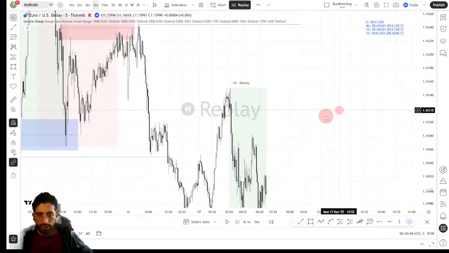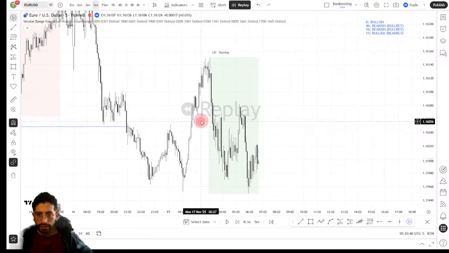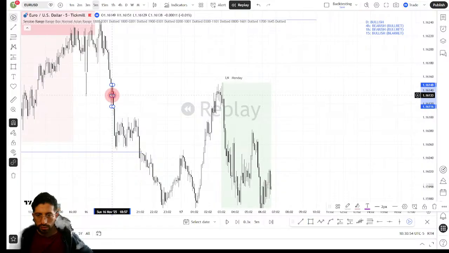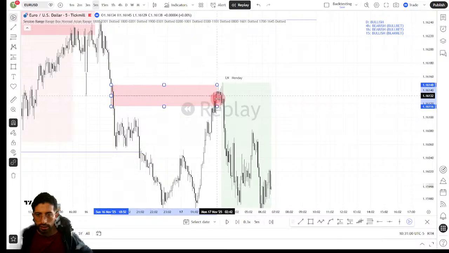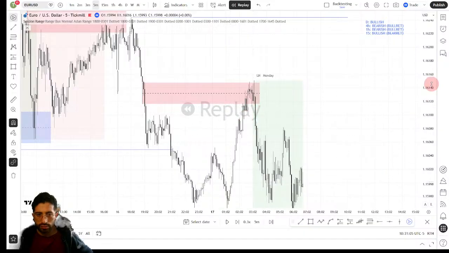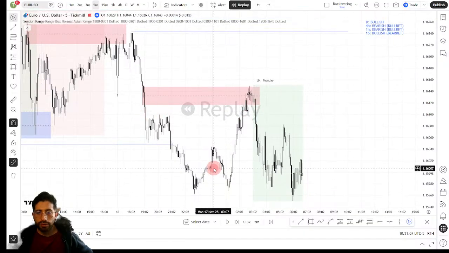Now, what happened in London session? The price went to the order block we have here. Yeah, this order block, and the price respected this order block. So this was the decisional in 5-minute time frame.